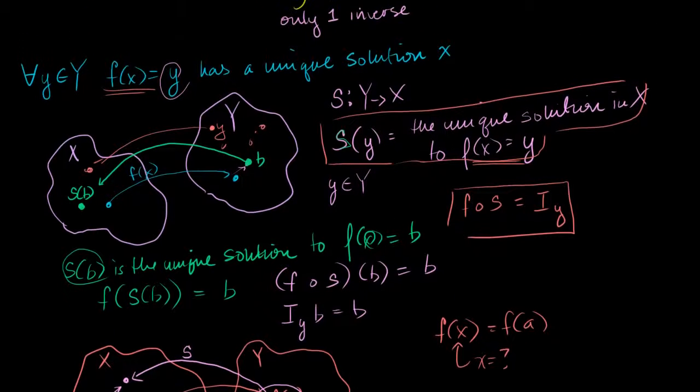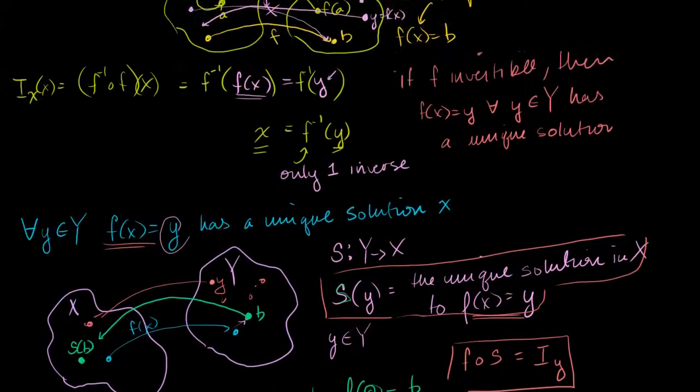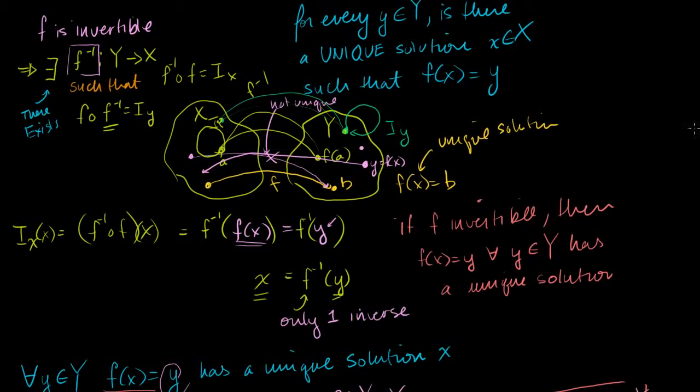So hopefully you found this satisfying. This proof is very subtle and very nuanced because we keep bouncing between our sets x and y. But what we've shown is that in the beginning part of this video, if f is invertible, then for any y, there is a unique solution to the equation f of x equals y.